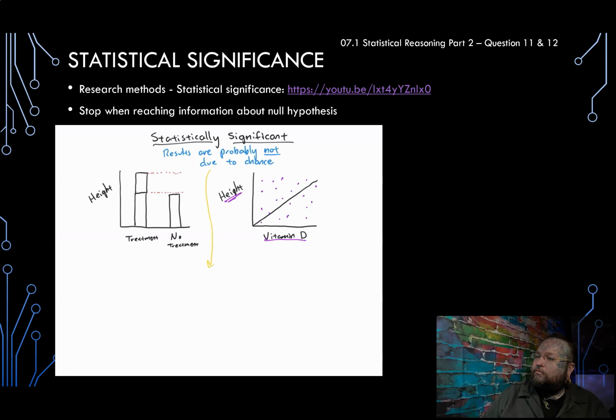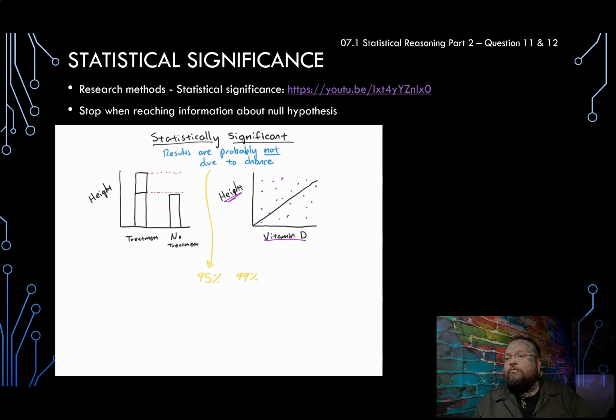So we could say something like, for a given result, that there is a 95% probability that that result is not due to chance, or a 99% probability that that result is not due to chance. And I'll mention why I'm using those particular numbers in a minute. When you actually see this in a research report, we look at it from the flip side.